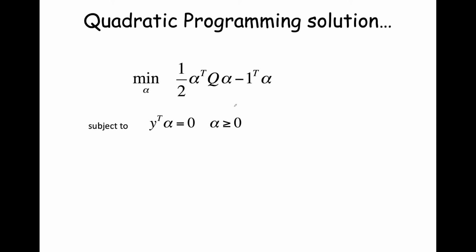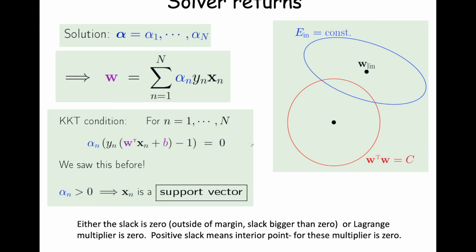And so in our solver, that's 1/2 alpha transpose, our coefficient matrix, alpha, minus 1 transpose alpha, subject to y transpose alpha equals 0, where all the alpha are greater than or equal to 0, or at least 0. So now, when we run our solver, it's going to return to us our vector of N many alphas.